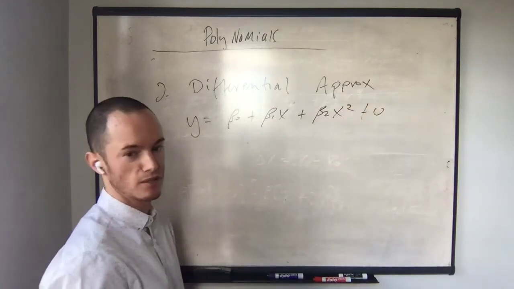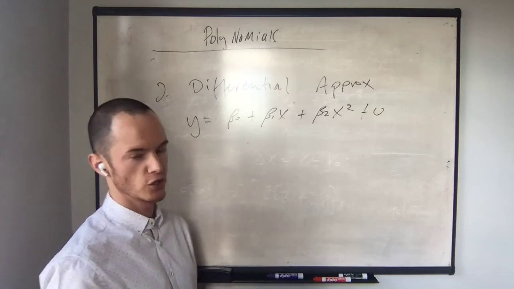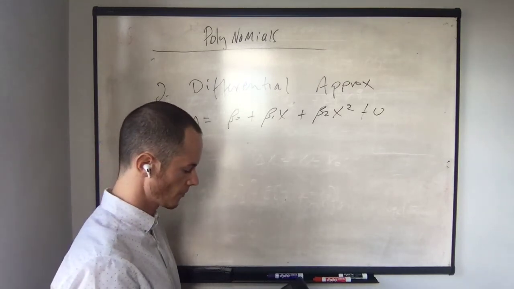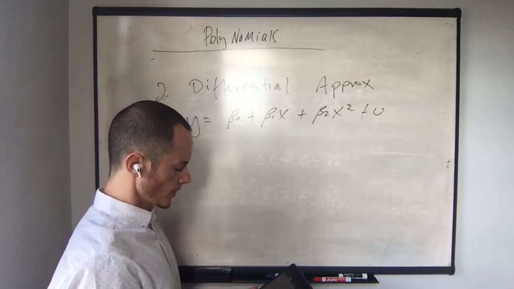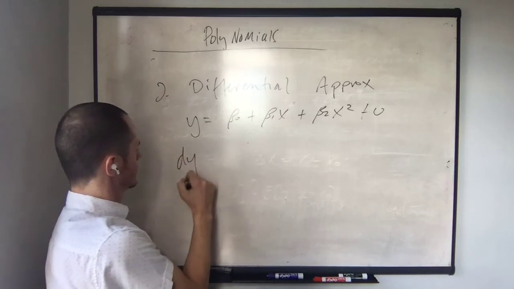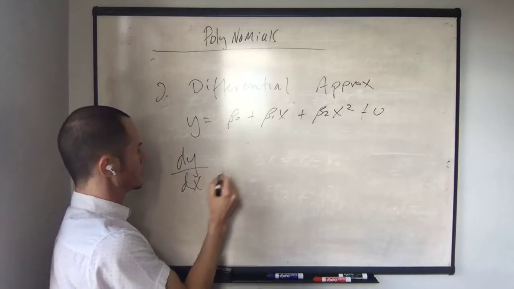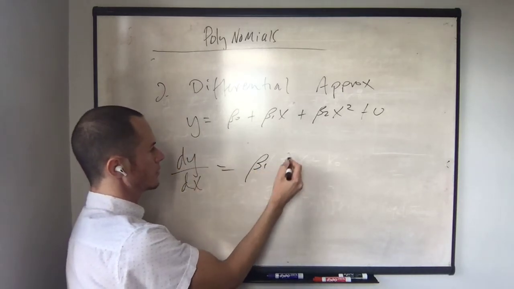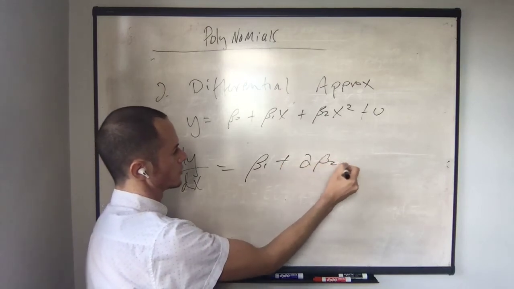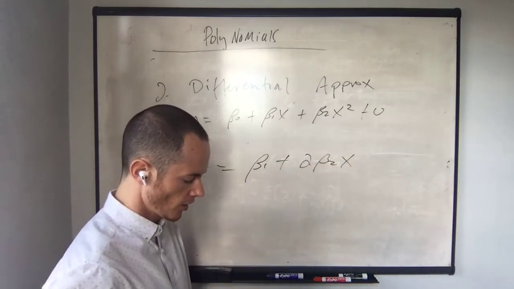I'm just looking at a very simple example, assuming that x is the only explanatory variable. Then the derivative of y with respect to x is equal to beta 1 plus 2 beta 2 x.